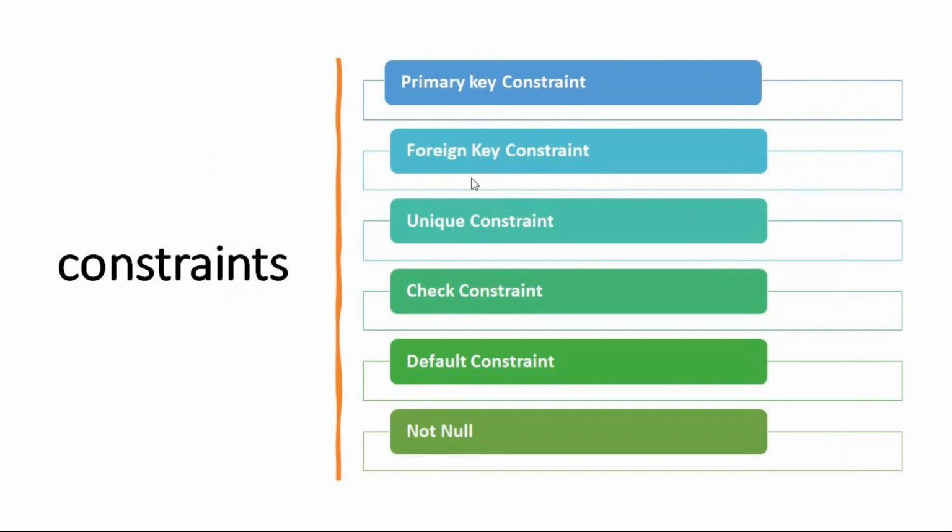So the moment I give primary key to any particular column, then into that column I am not supposed to enter duplicate values. I am not supposed to enter null values. This is the first thing you have to remember.